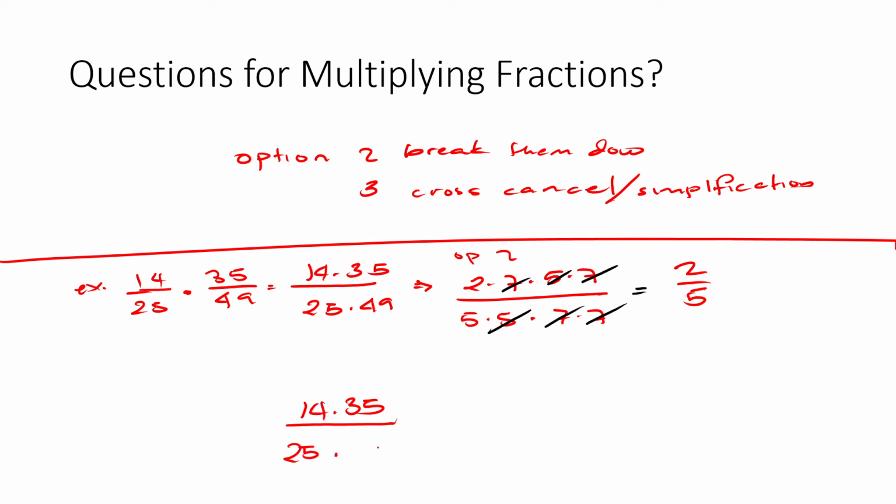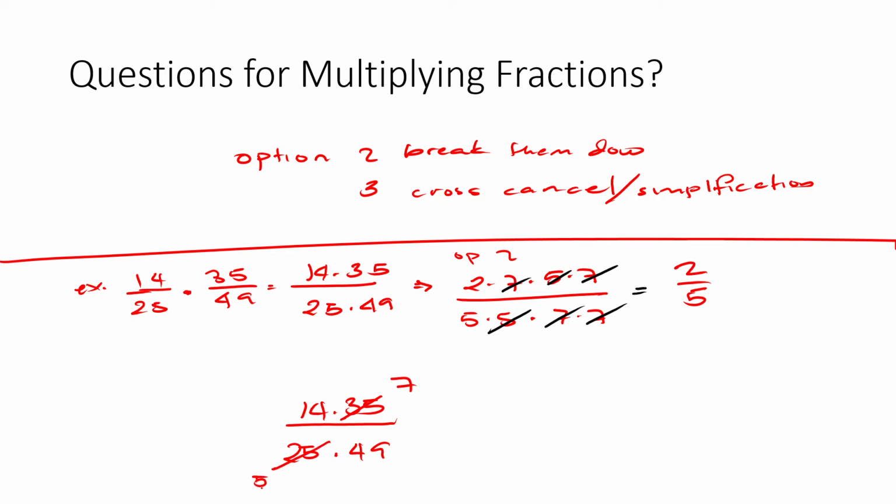So here's how it is. Let's start with the easy one. What is a common factor of 35 and 25? You can divide 35 and 25 by 5. 35 divided by 5 is 7, and 25 divided by 5 is 5.